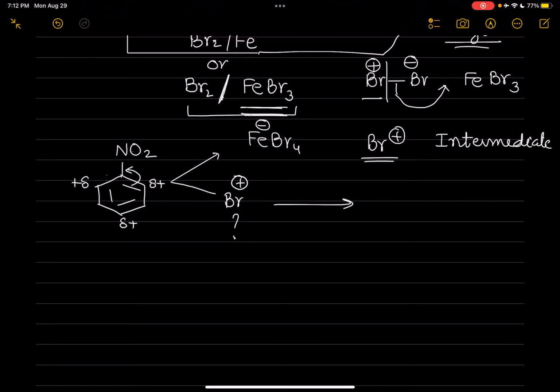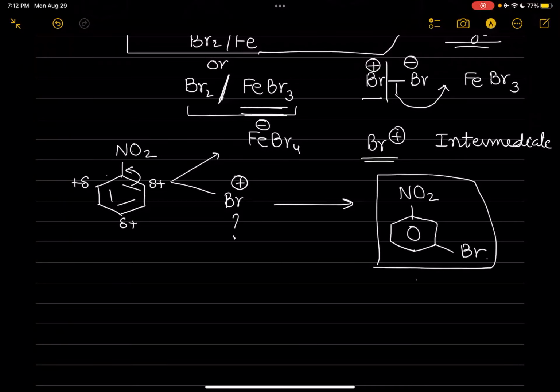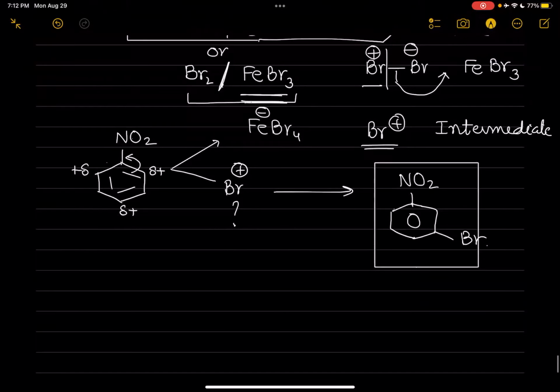So it will come and join itself at the meta position. That is the reason why it is meta-directing.